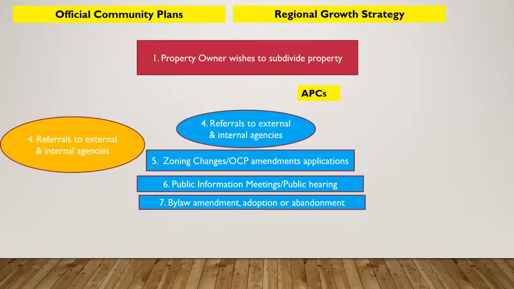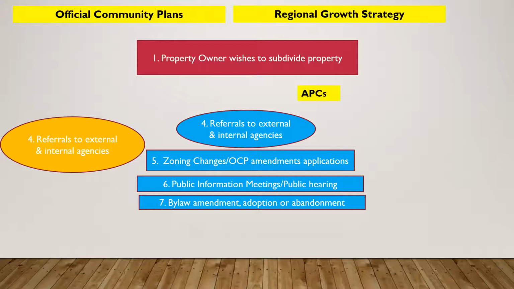Another way that you can have a voice is at the area planning commissions. The APCs are actually public meetings, and we tend to not have a lot of public attend them. Most people aren't really aware of what an APC is and what happens there, but they are public meetings, and all of the information for when they are is posted on the regional district website, and all of the chairs for all of our APCs are listed there as well.